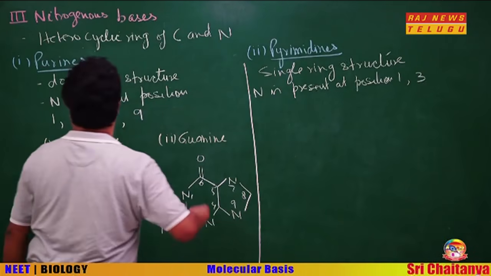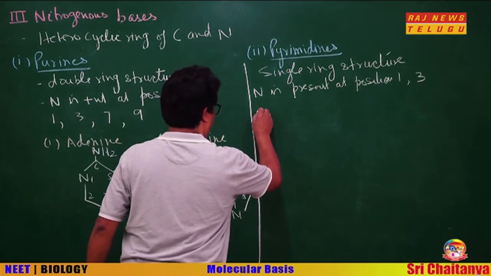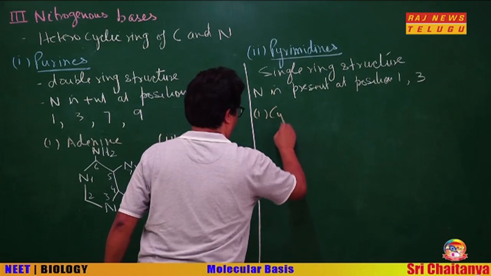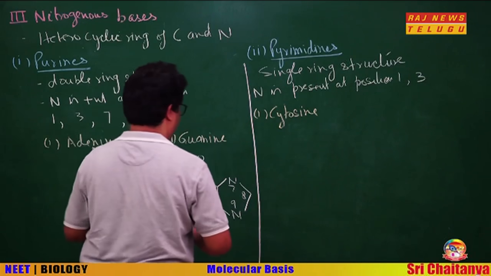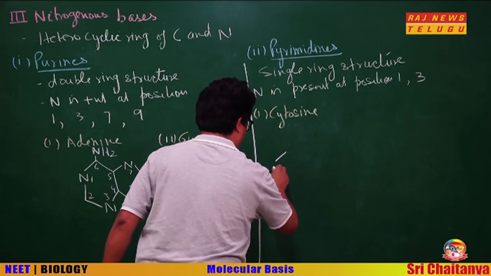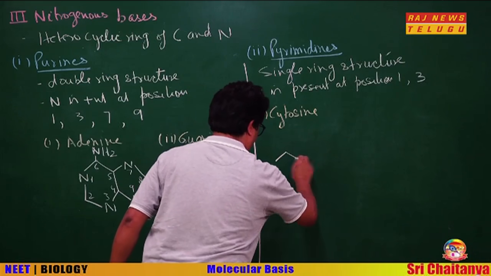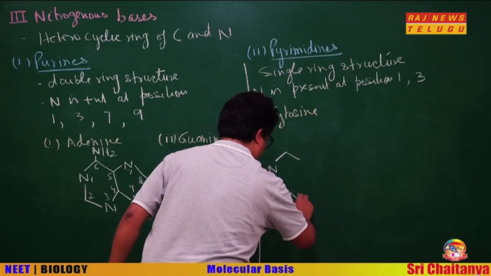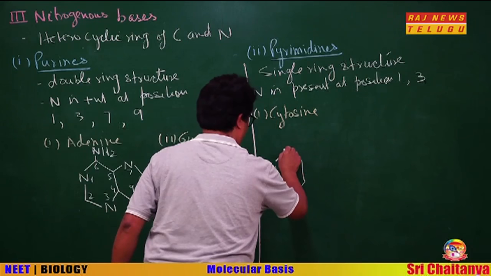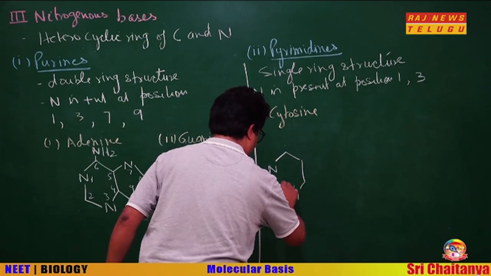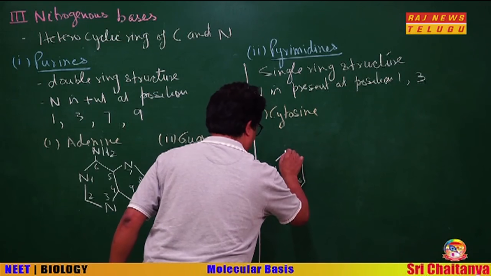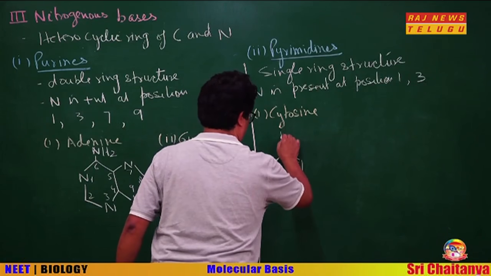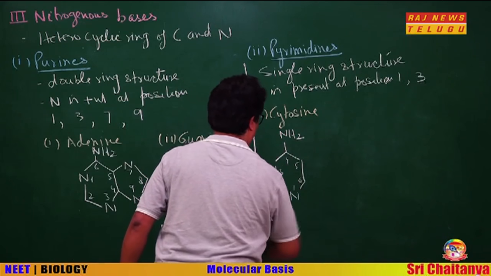We are starting with cytosine. See, 1, 2, 3, 4, 5, 6, and here there is amino group.